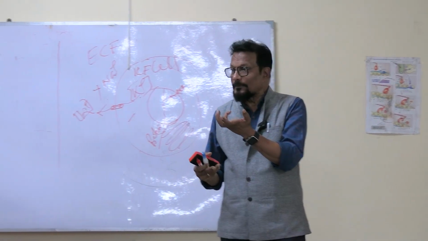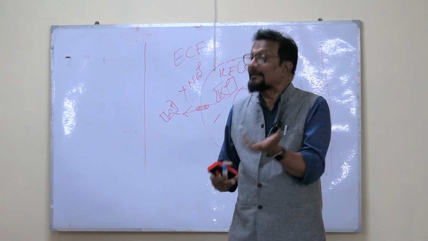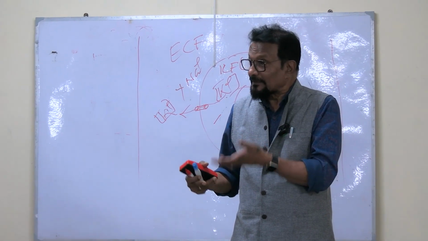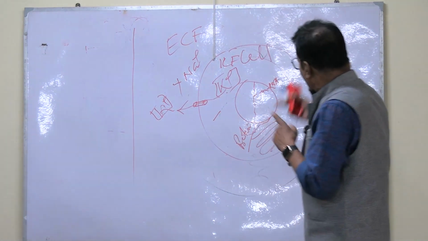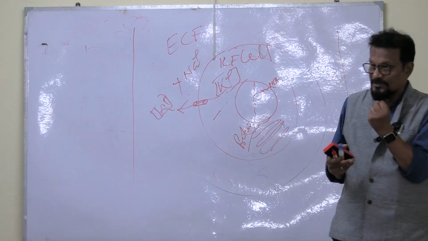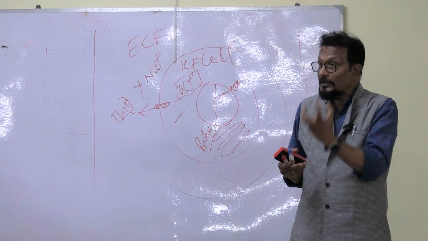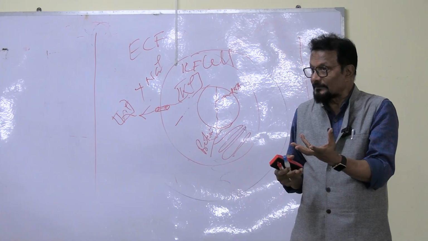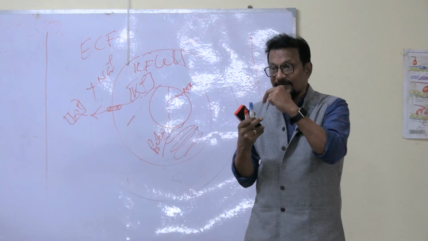Here another force will be developing: an electrical force. Gradually it is becoming negative. But these negative ions try to hold the potassium ion. They don't want to release it, because the positive and negative ions have an attraction.